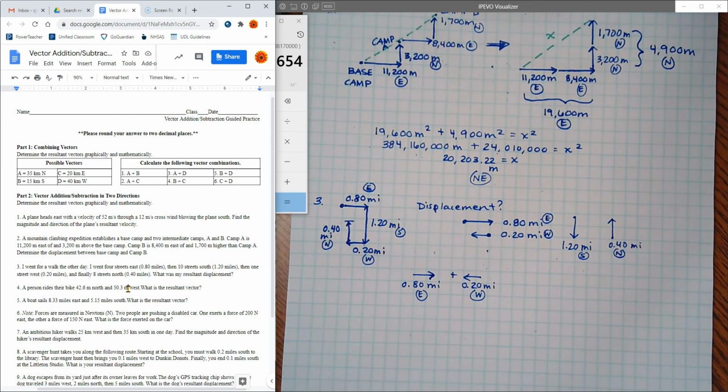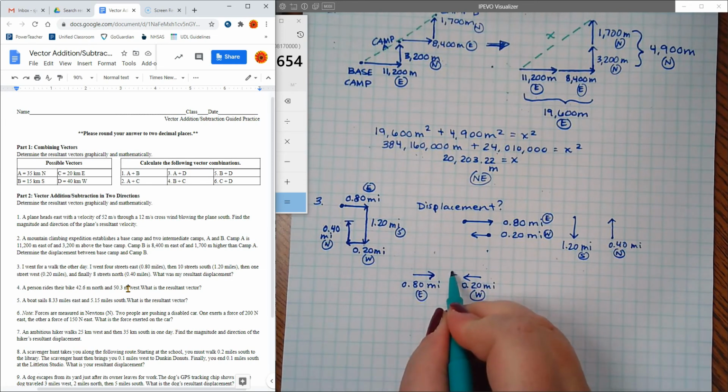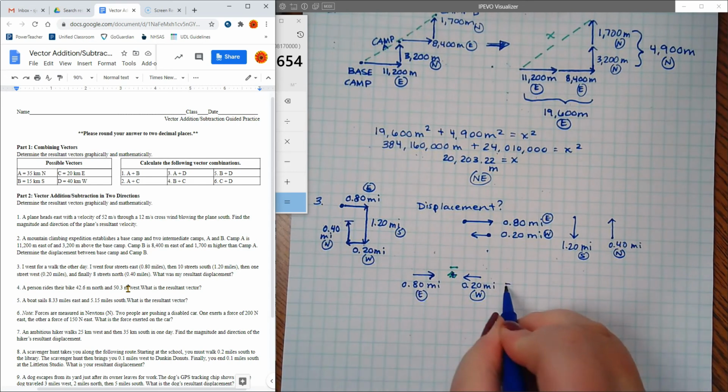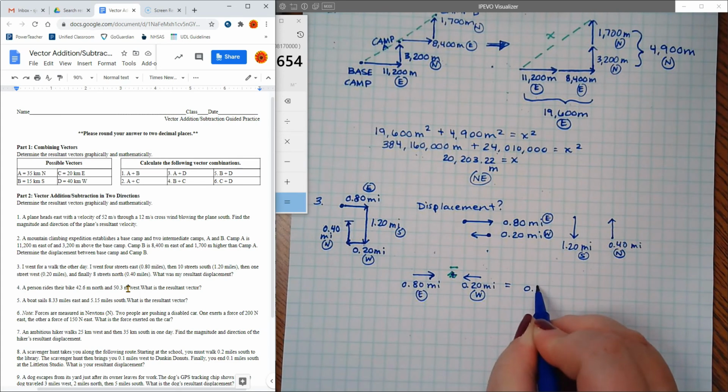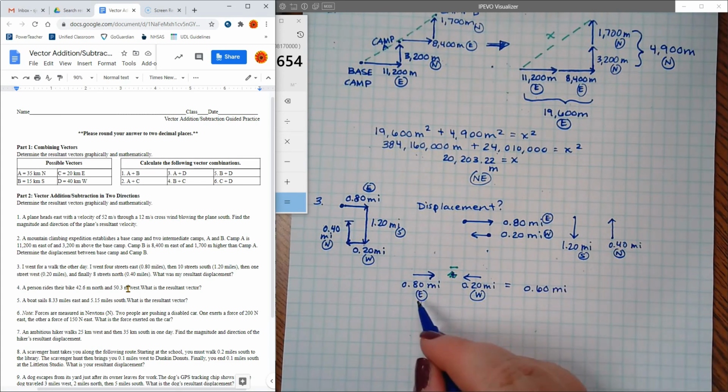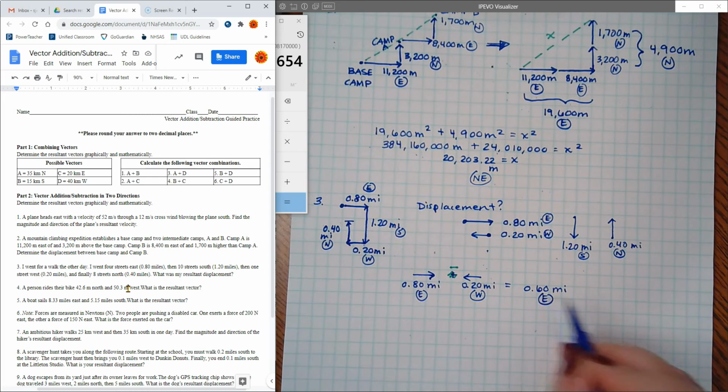So if I think of the 0.8 as being minus the 0.2, this would give me a vector that is equal to 0.6 miles. And since the eastern vector was originally the larger vector, this is going to be an eastern vector, and the direction will be pointing that way since it's east.